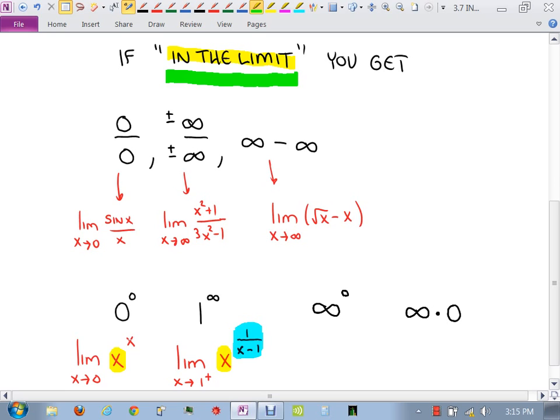I say this because I had a student years ago who called me 2 years after Cal 1 and was like, you told me that this, and I was like, I never told you that. I said, when you take a limit and you get something like this, that's when this happens. You know, if I just say right now, what's 1 billion gajillion gazillion gazillion raised to the 0?